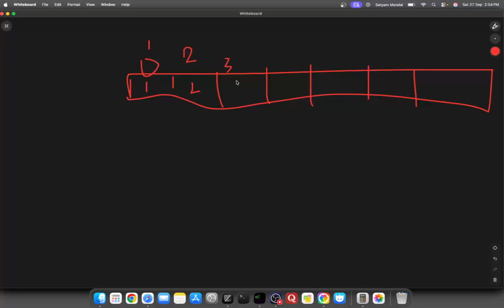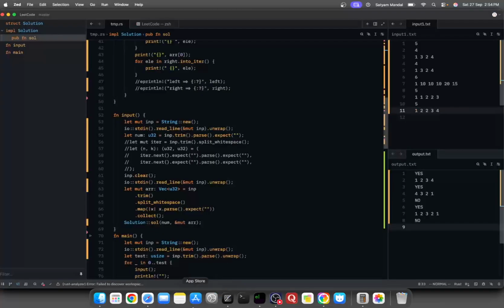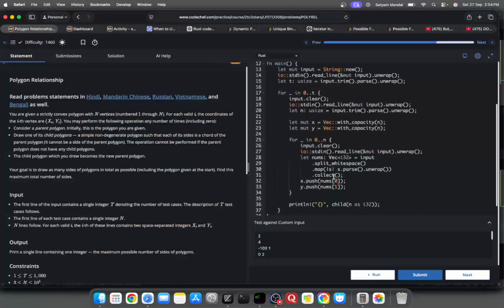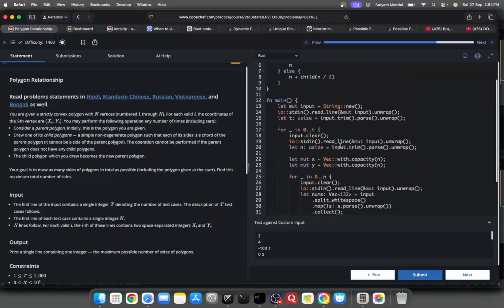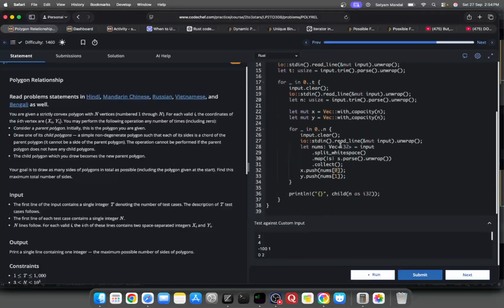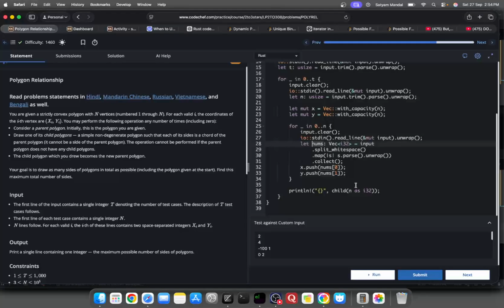If I have 3, then the answer is still 3. If I have 4, the answer is still 4, and so on. I pre-compute this and store it in nums.